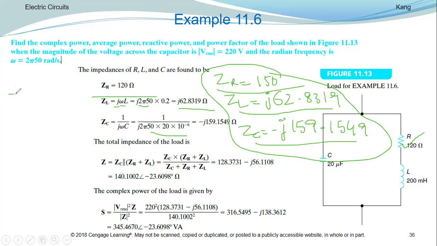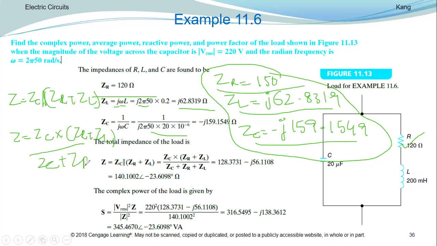So my total impedance value equals ZC in parallel with ZR plus ZL. So Z equals ZC multiplied by (ZR plus ZL) divided by (ZC plus ZR plus ZL).